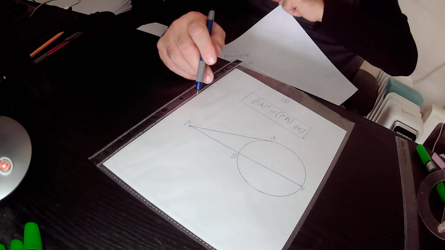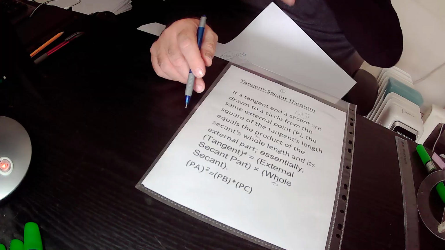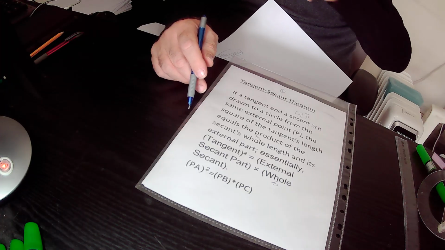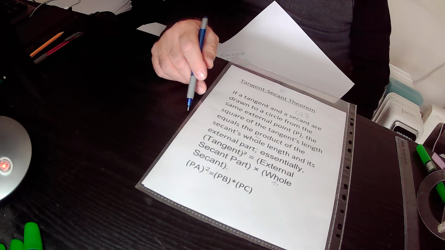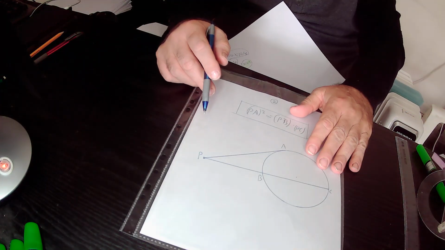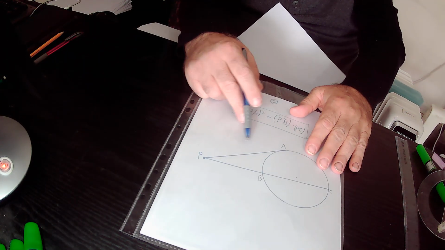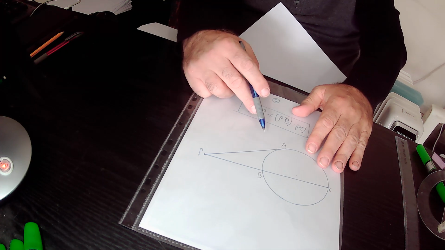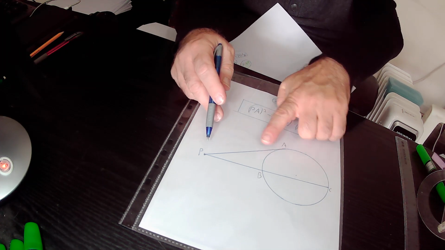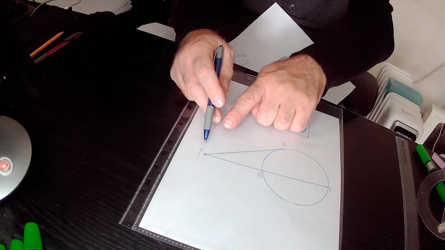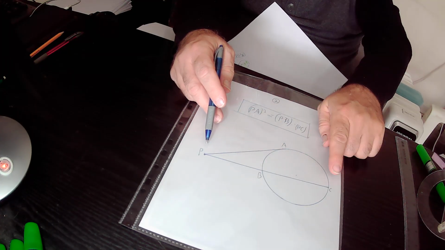So in this drawing, the following equation is true. The square of the tangent length equals the product of the secant's whole length and its external part. The square of this tangent is PA squared. PA squared equals the product of the external part of secant PC, that is PB, times the length of the secant in total, that is PC.